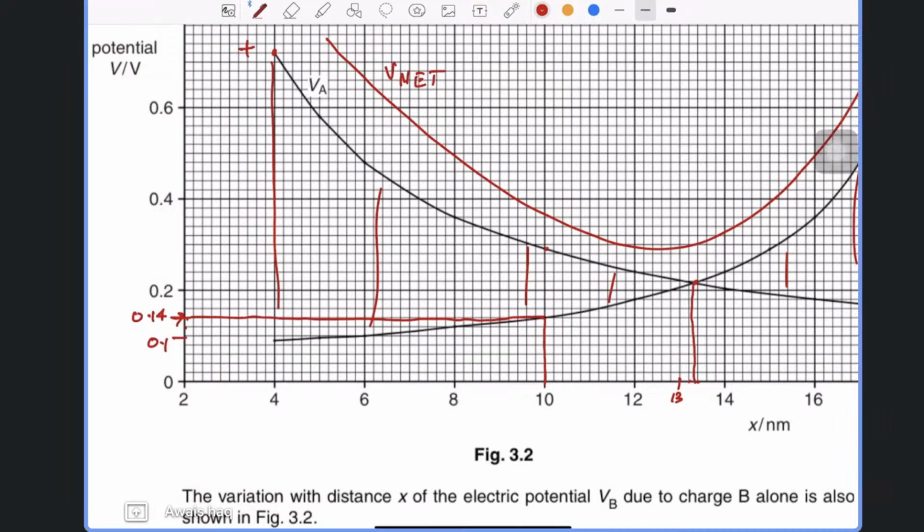And at this point, this is 0.3, so 0.28, 0.29, yeah. Can you add them up?